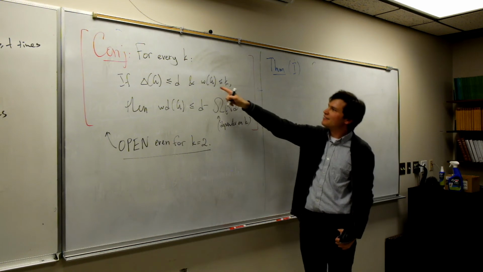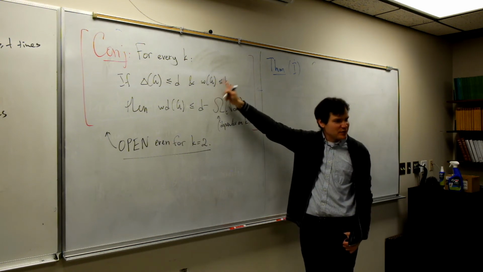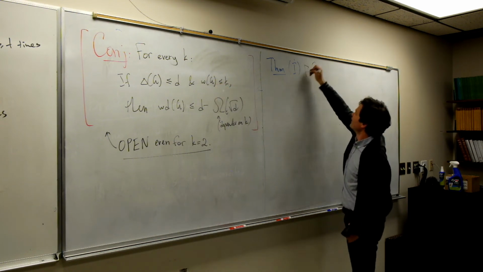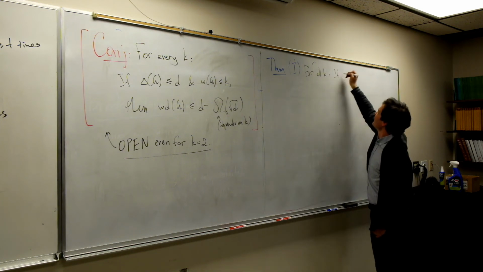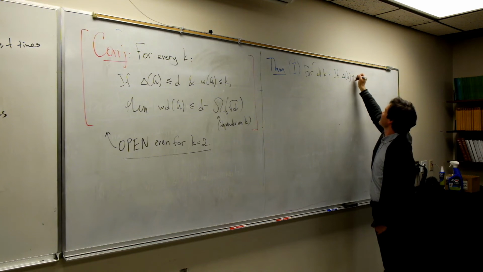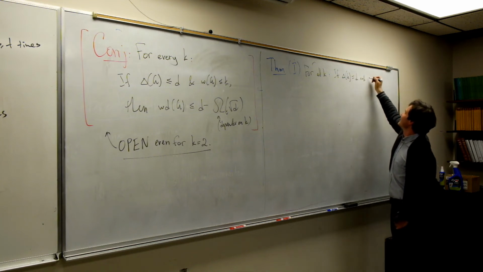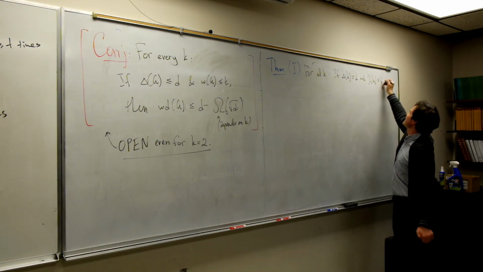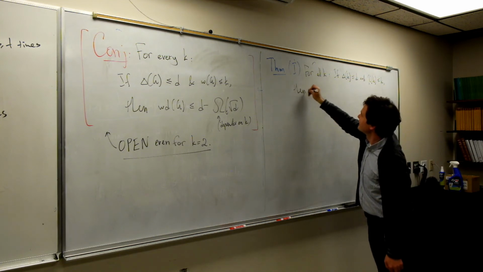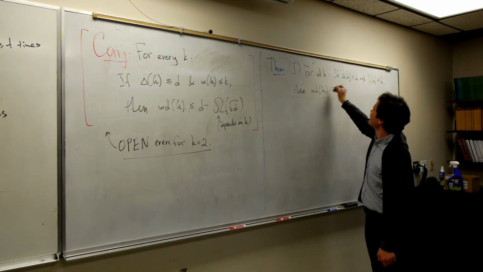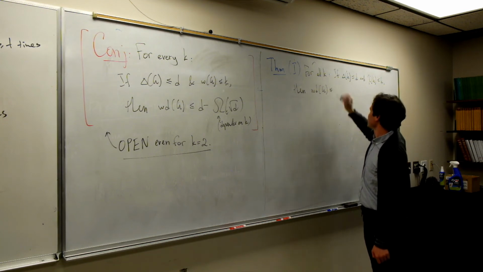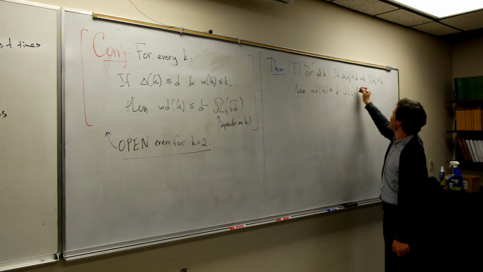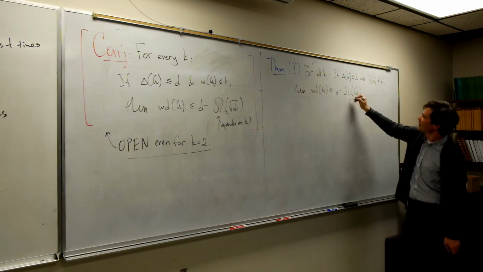We can prove this if, instead of a bound in the clique number, it is a bound in the chromatic number. So for all k, if the maximum degree of a graph is at most d, and the chromatic number is at most k, then the weak degeneracy is at most d minus some constant times root d, where again the constant depends on k.